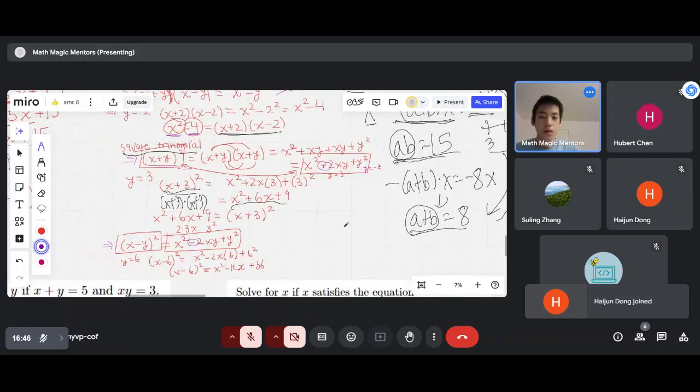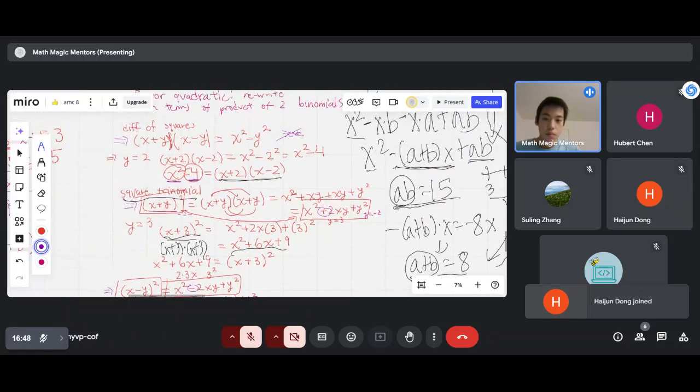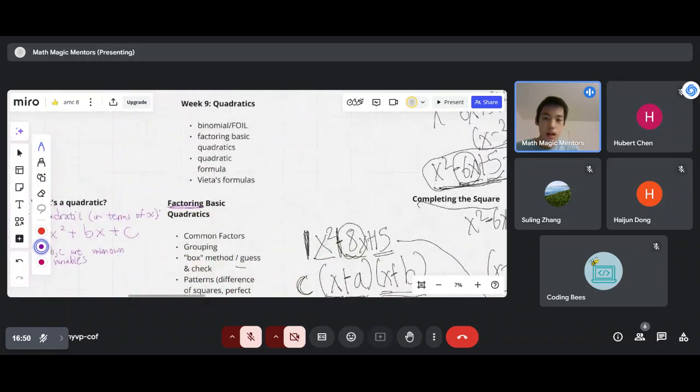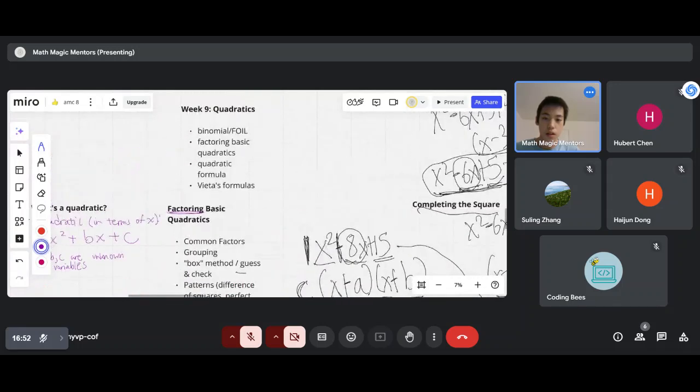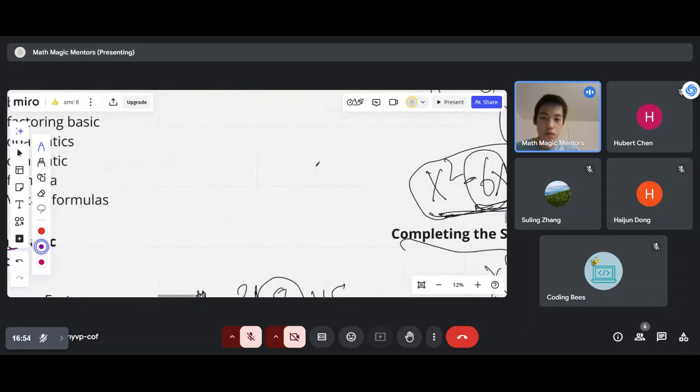All right, cool. I'm going to write it above here. Our special factorizations are a really good way of factoring special quadratics that fit one of the common factorizations that we've seen before.